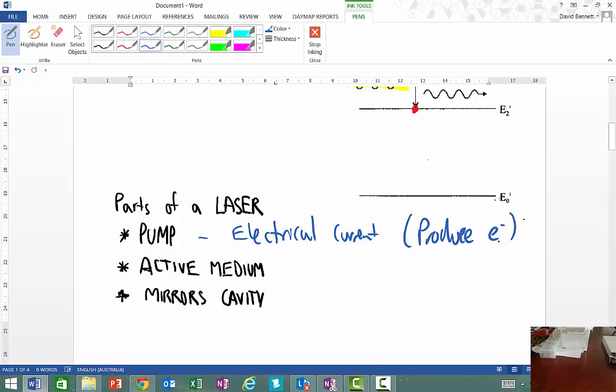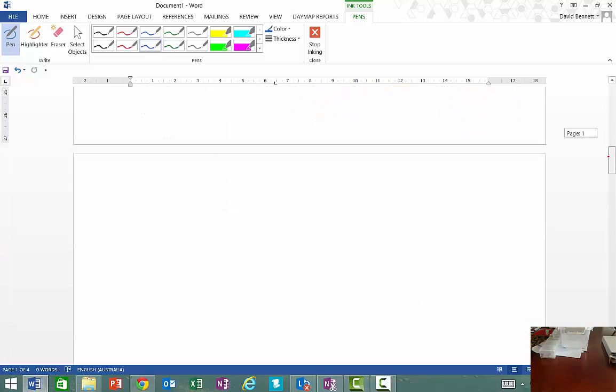That's really important. We have an active medium. Alright, so our active medium is in fact our helium and neon gas. Right, so that's our medium, and then we have a cavity with mirrors, right, and I'll draw what that might look like for you.